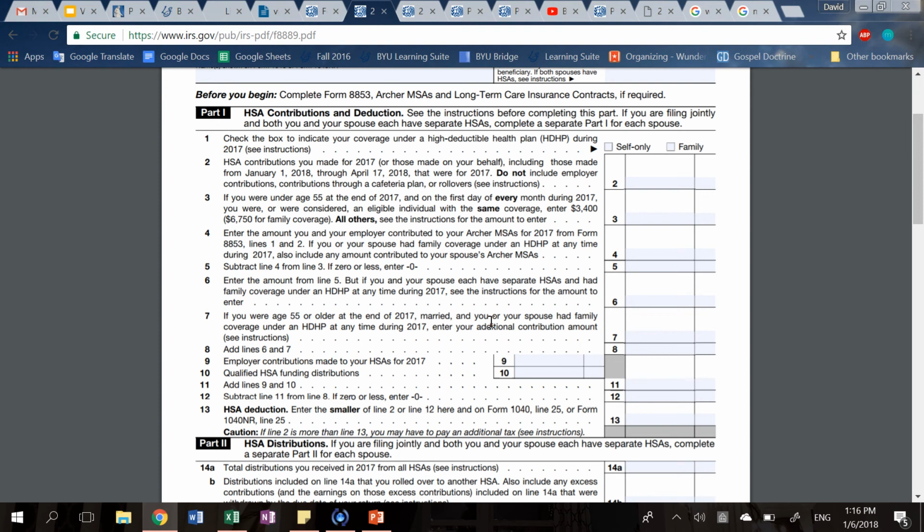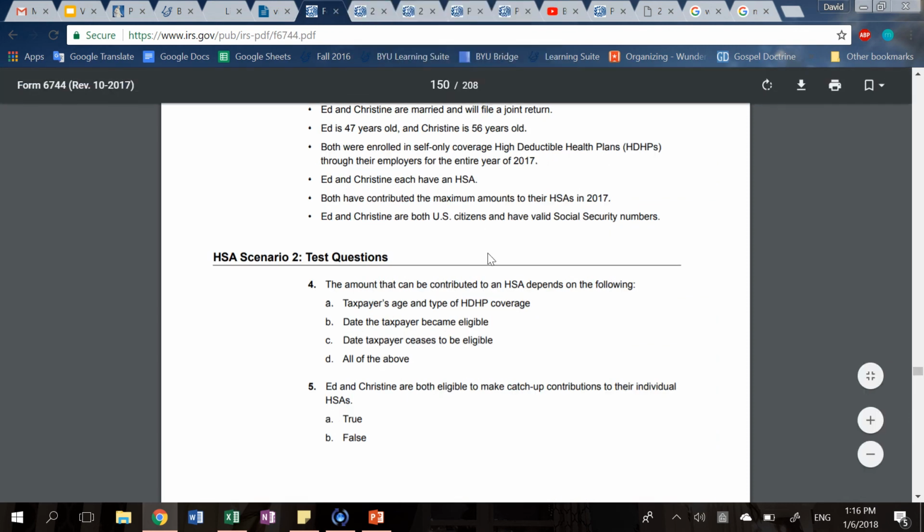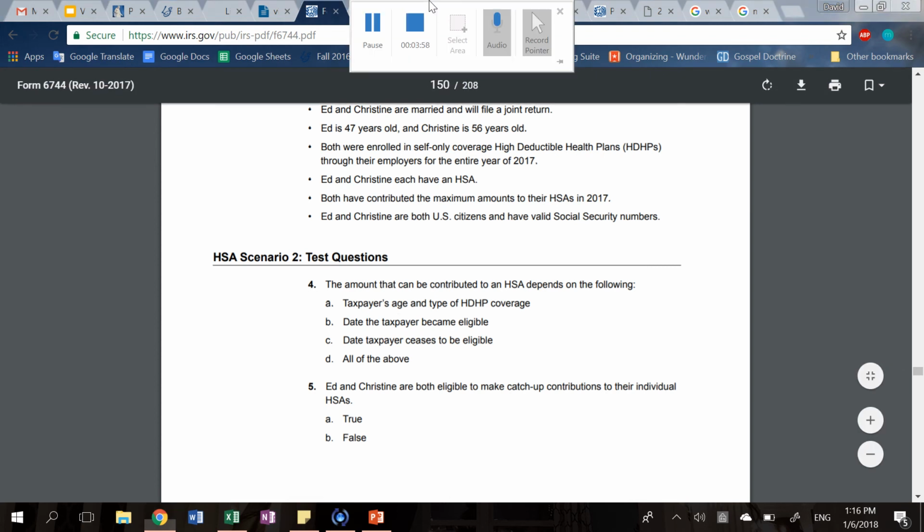And if line 2, what you contributed, was above the maximum, then the taxpayer will be required to take that out of their HSA in order to avoid tax. So that's one way that the type of HDHP coverage can affect the contribution or the deduction amount to HSA. Also, the taxpayer's age.